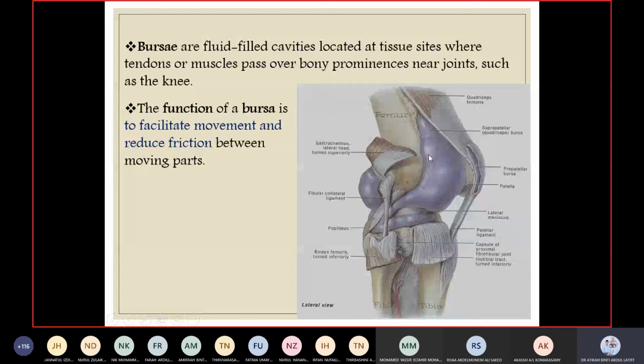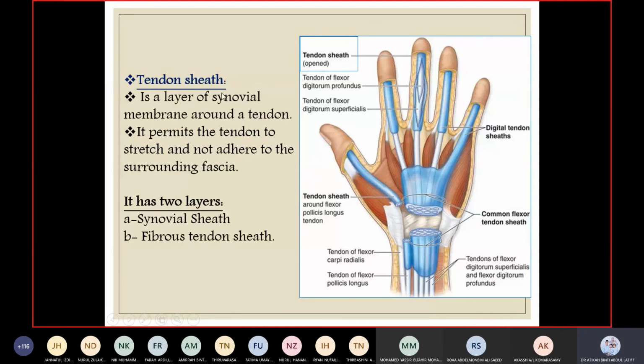Because there is a lot of movement happening at the knee joint. And here as well, we have bursa around the knee joint. The next structure that we can find is the tendon sheath.